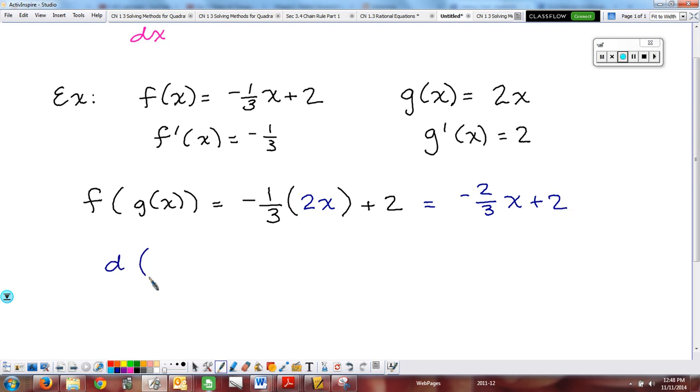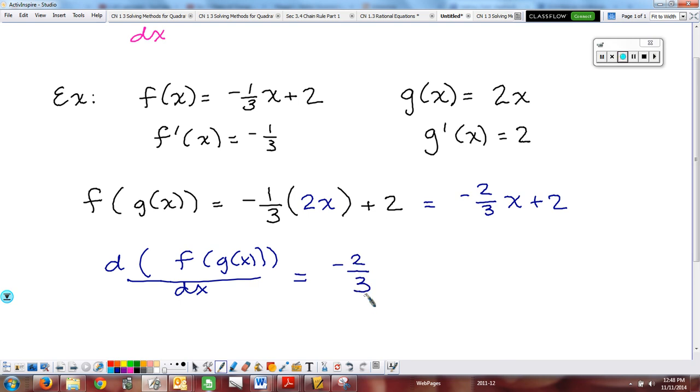So if I was going to try to take the derivative of f of g of x with respect to x, notice that I can come over here to the rule that we just found, and the derivative is simply going to be the slope. It's going to be negative 2/3.